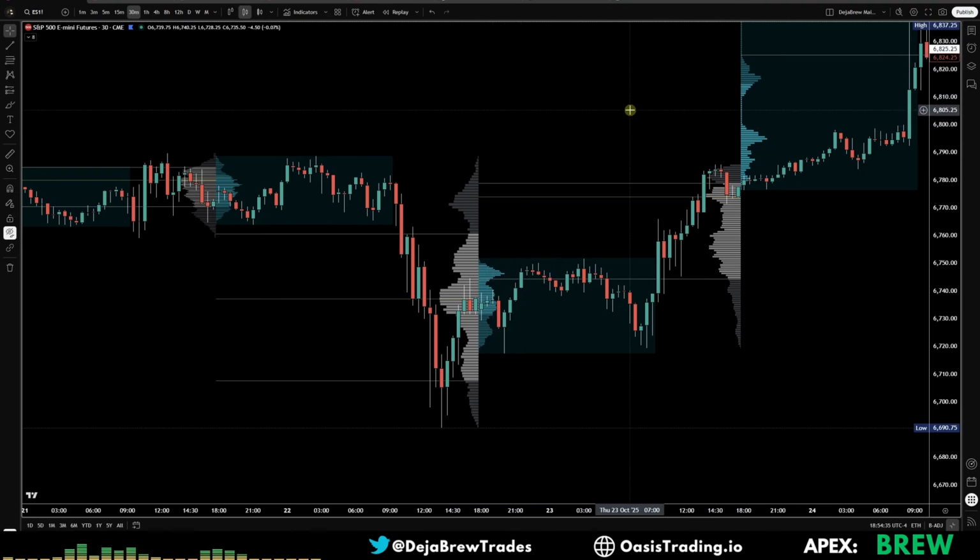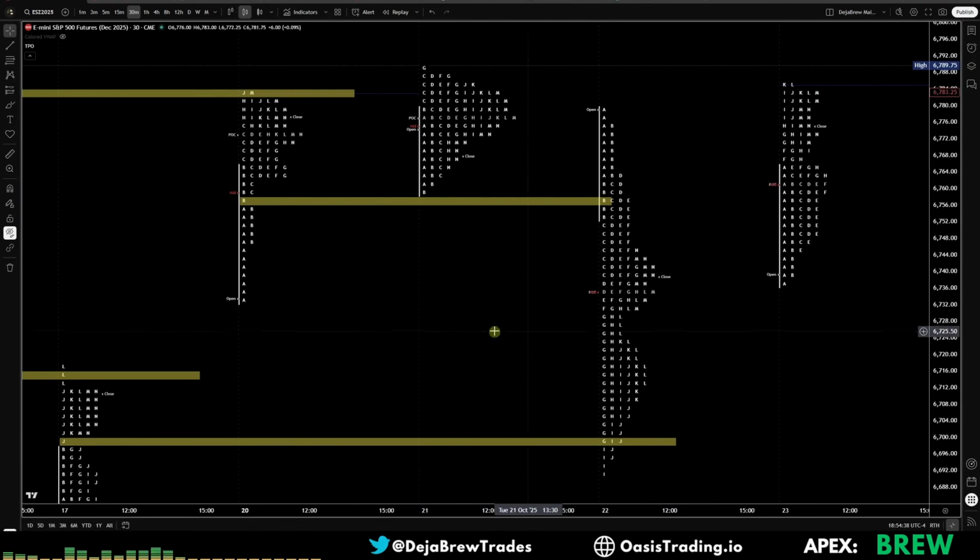Another thing you can do is when you are using market profile. What is market profile? Market profile is basically the exact same thing as volume profile in terms of shape, in terms of value area, in terms of value high, value low, POC, all that stuff. It's pretty much exactly the same.